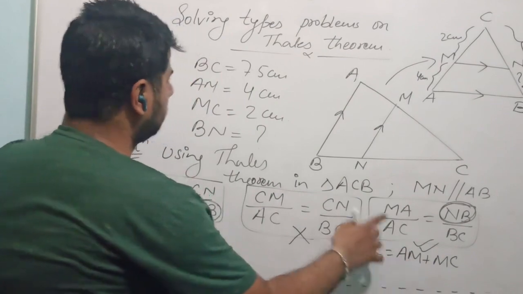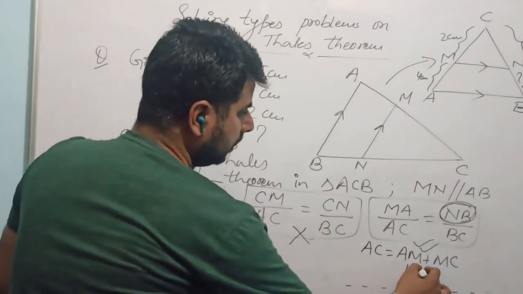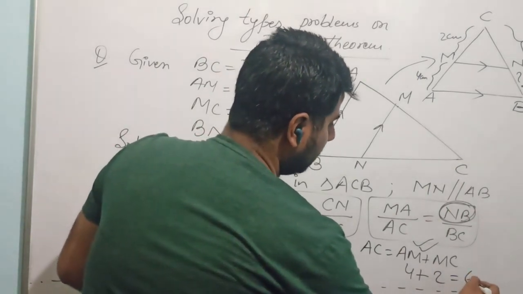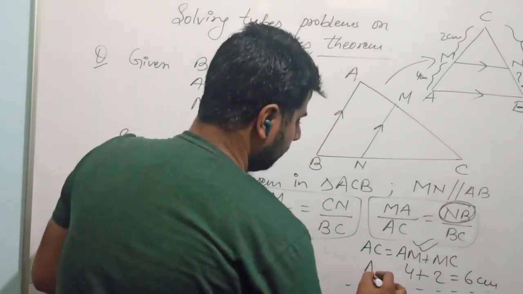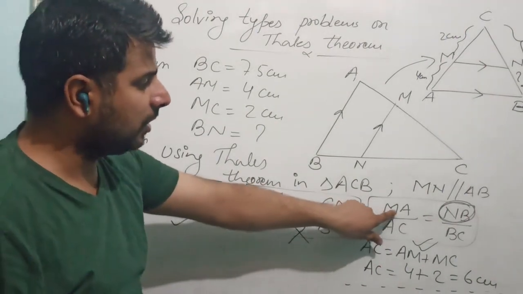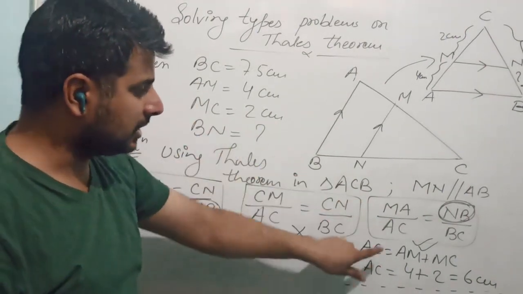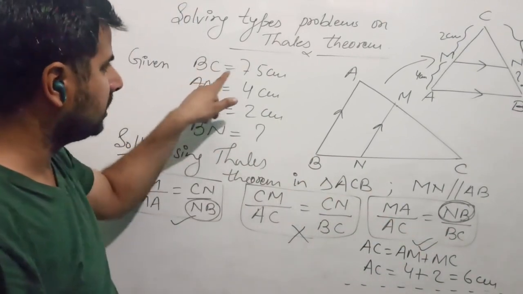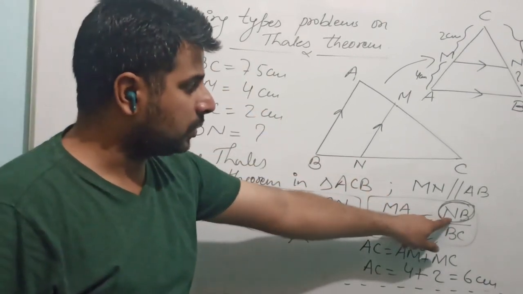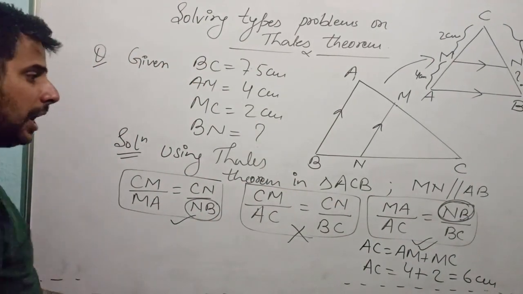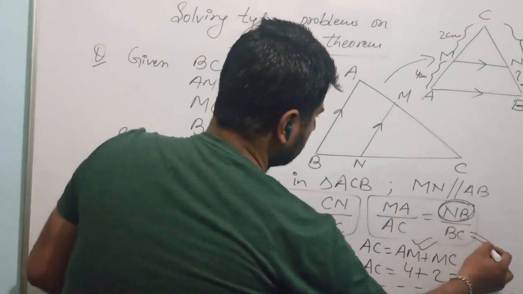So you have AM 4 centimeter, you have MC 2 centimeter. Now on addition you will get AC very easily. So MA was there, yes. AC you got right now. BC is there, yes, BC is there. So the NB which was unknown can be understood very easily. So I am going to use this ratio.